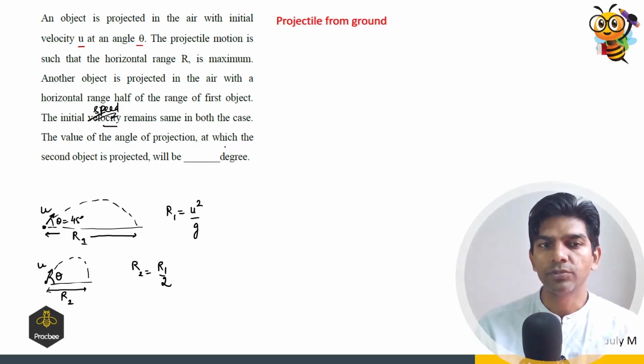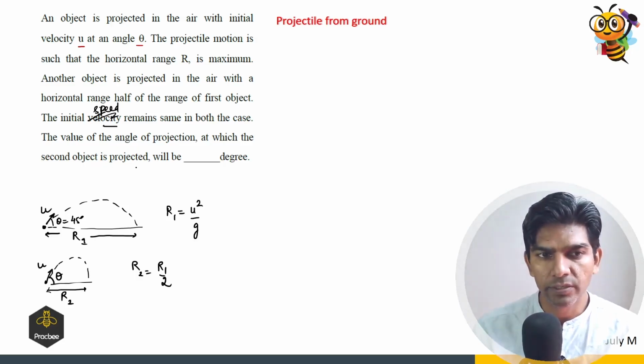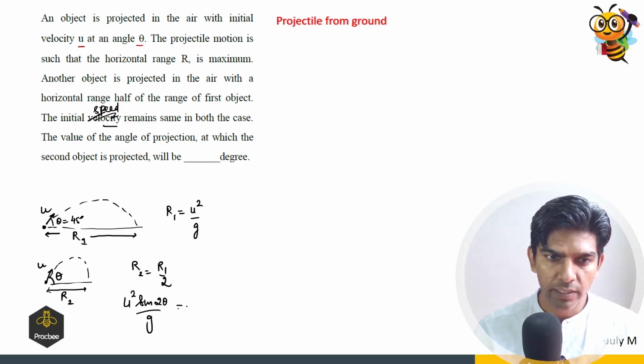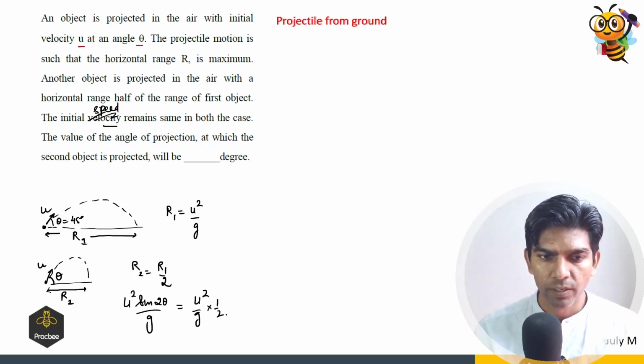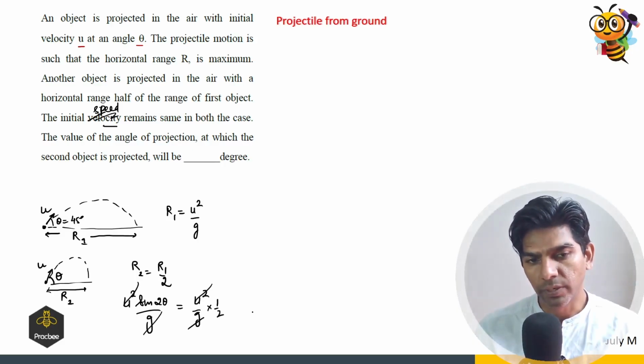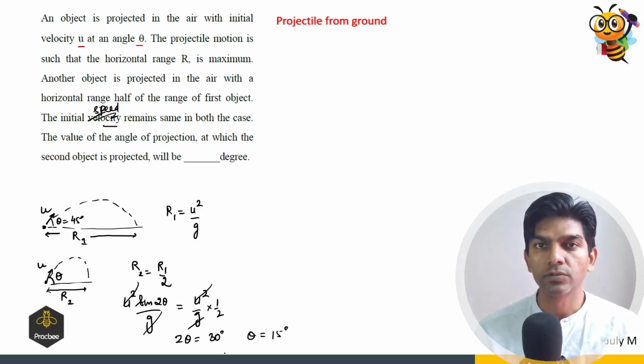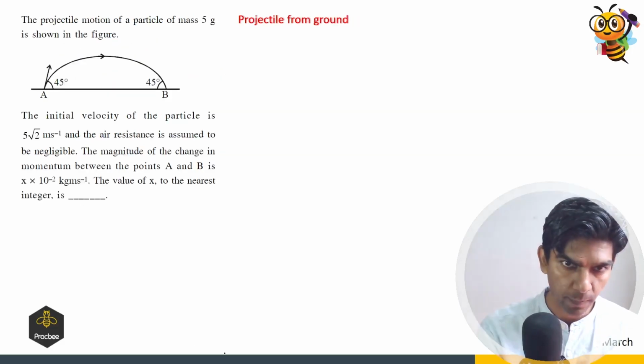The value of the angle of projection at which the second object is projected will be, right? So R2 will be u square sine 2 theta by g, and that is equal to u square by g times 1 by 2. So u square by g will get cancelled out. So sine 2 theta comes out to be 1 by 2. So it means 2 theta is 30 degrees. So theta comes out to be 15 degrees. So 15 degrees is the answer of this question.